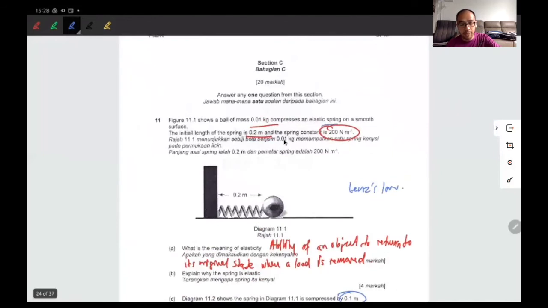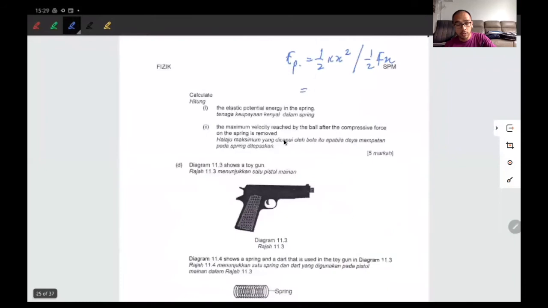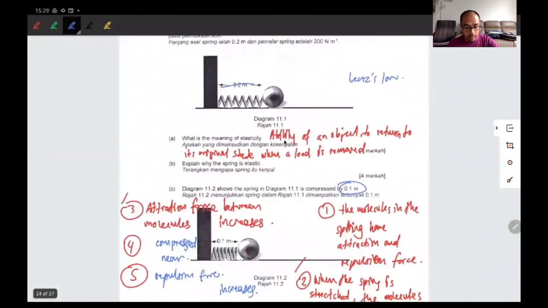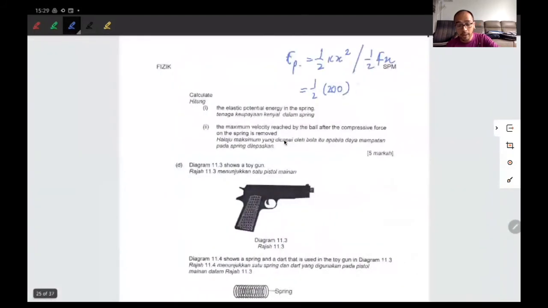You are already given the 200 spring constant. So 1 over 2, 200. What is the extension? Originally it is 0.2 meters. Then you decrease to 0.1. So the extension is 0.1. Be very careful, it is 0.1 squared. So you will get 1 joule.